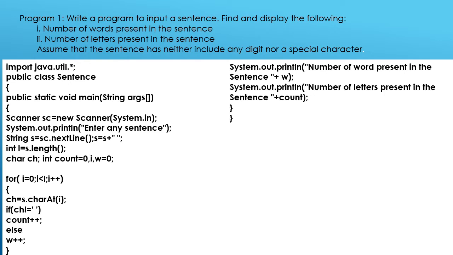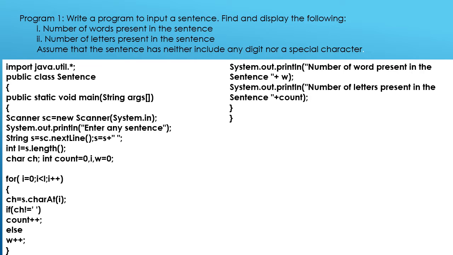Add one space at the end of the sentence. Find out the length of the sentence and store it in l. Declare the variable ch as character, and count, w as integer. Create a loop by using for i = 0, i < l, i++.